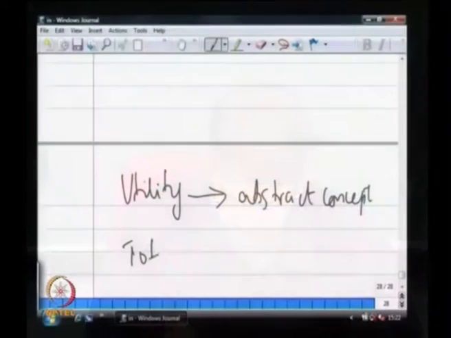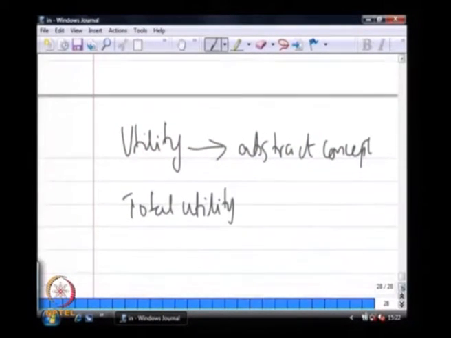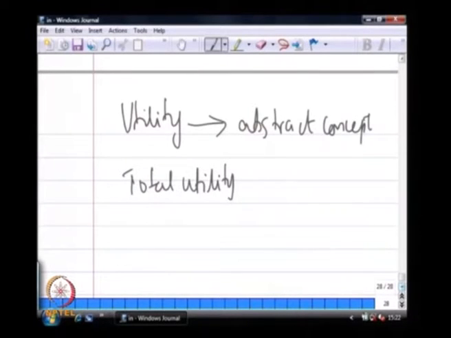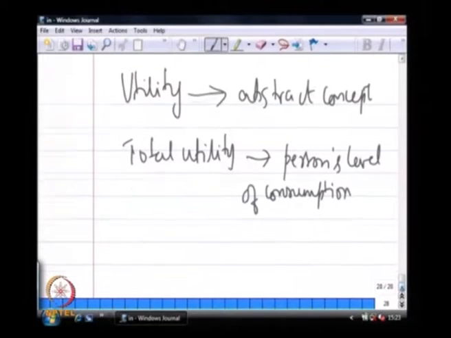So, the amount of a person's total utility corresponds to the person's level of consumption, which means the more a person consumes, the larger is his or her total utility.